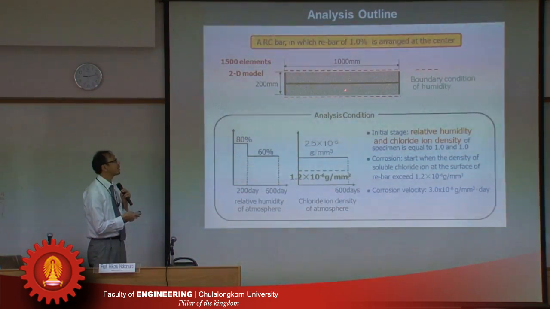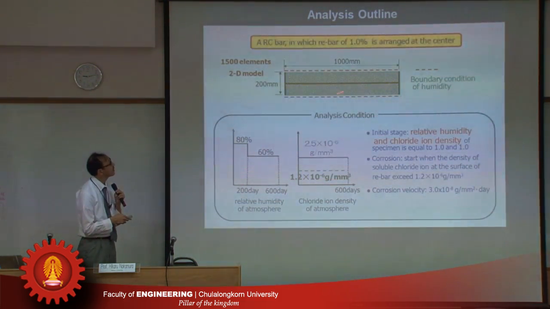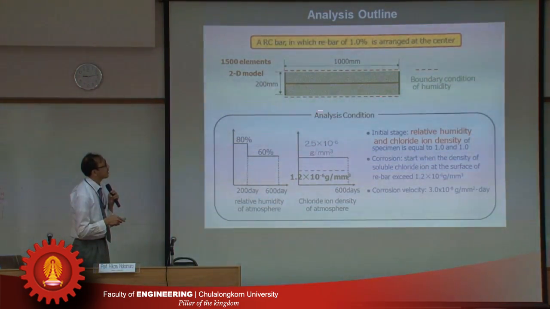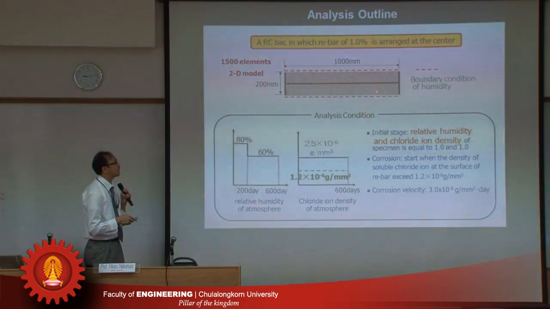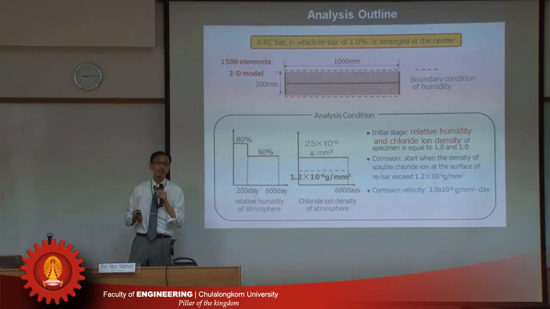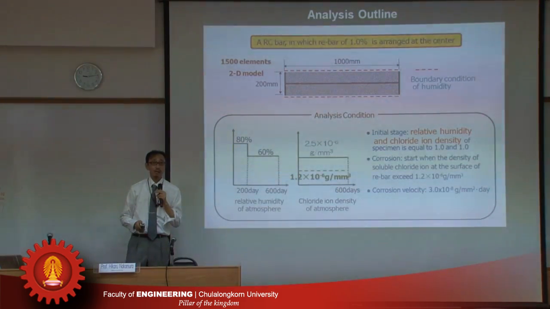This is a specimen: an RC bar in which a 1.0% bar is arranged at the center. A very simple specimen. The relative humidity and chloride ion density are assumed as environmental conditions. So I consider the effect of drying shrinkage, and the effect of the attack of chloride ions and corrosion.